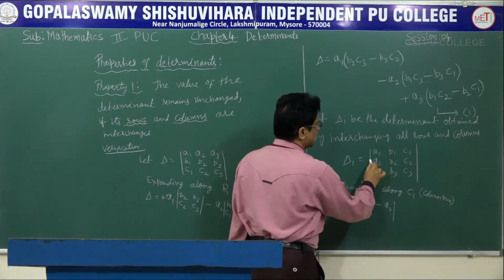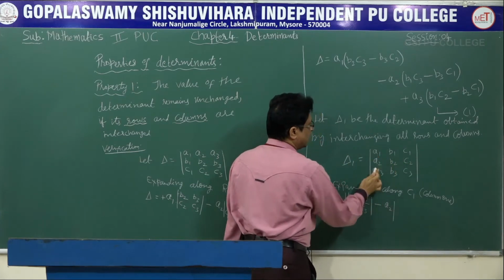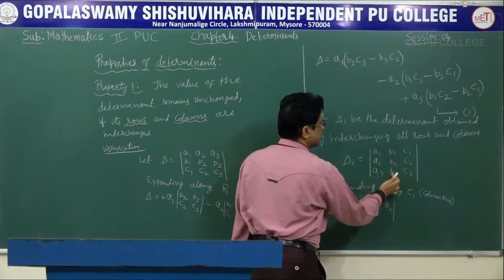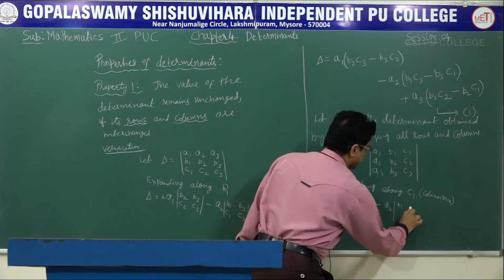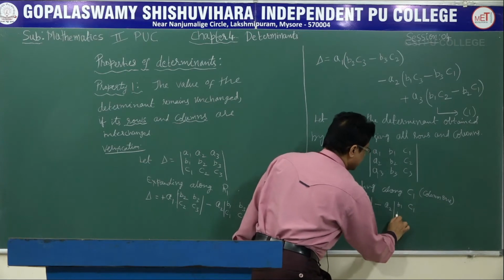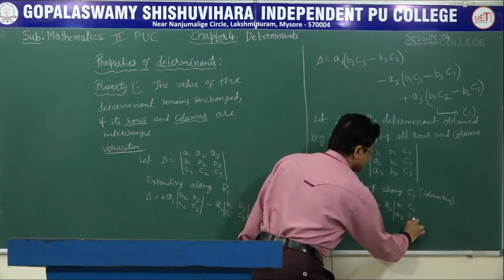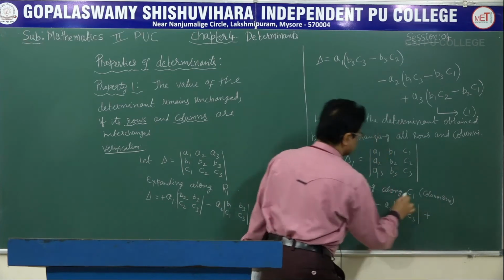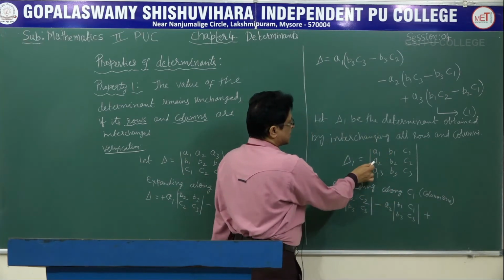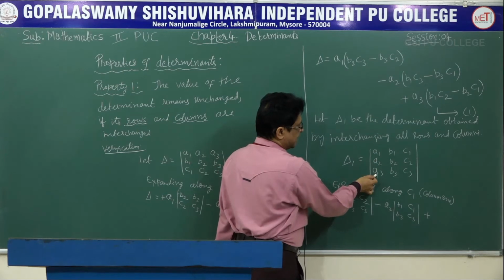So we eliminate the second row and first column and take the determinant of the remaining elements, that is B1, C1, B3, C3. Next I will write plus, and the next element of that column is A3.